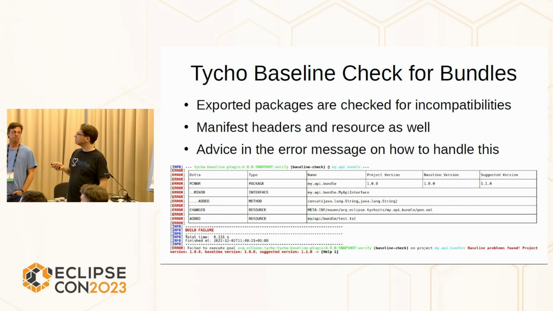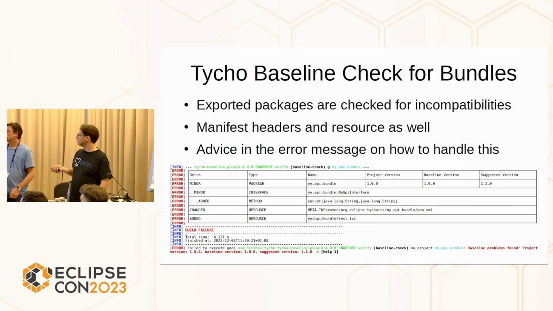Also, manifest headers and resources as well are checked, and for those using BND, you might find this something similar. So Tycho is using BND in the background for this, but has a little bit nicer output here and some enhancement, especially for the Eclipse and Tycho ecosystem.